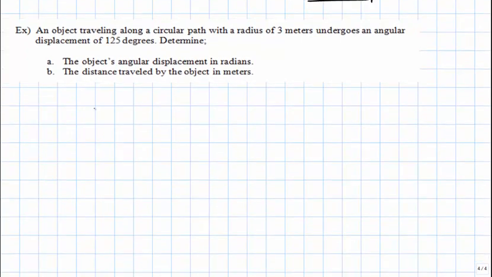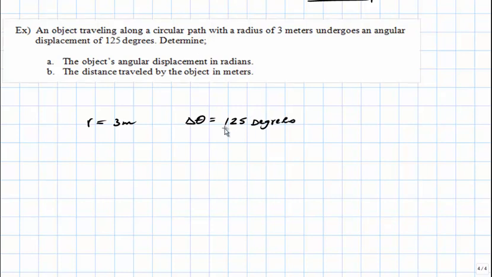First of all, the radius equals 3 meters. The angular displacement, which of course is noted by delta theta, equals 125 degrees. However, this value must be converted to radians as we noted earlier. So let's do that right away.